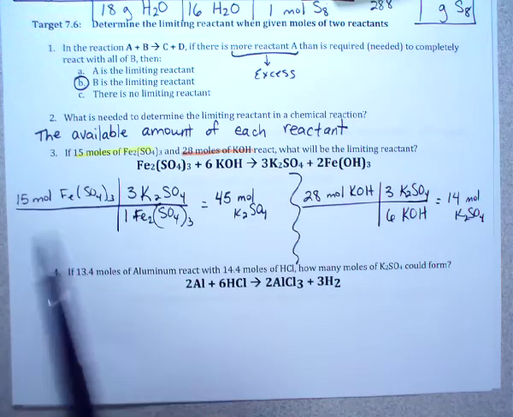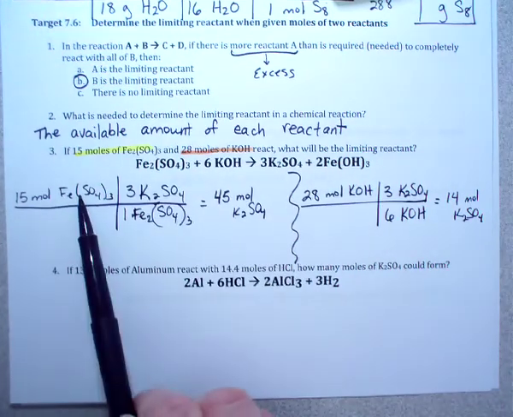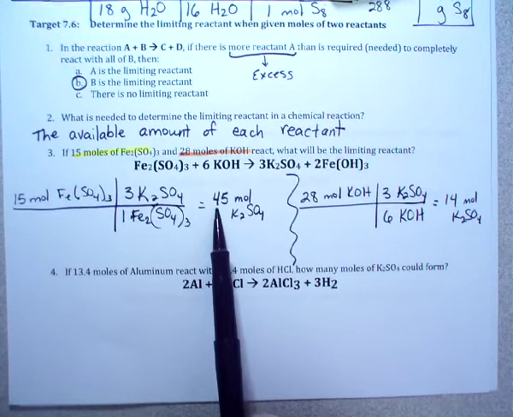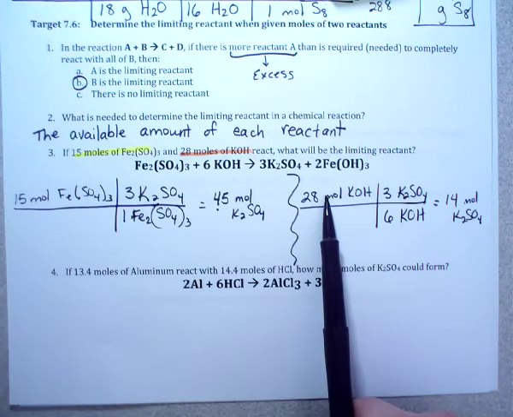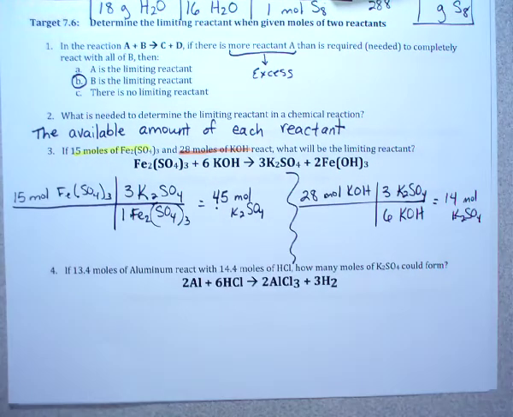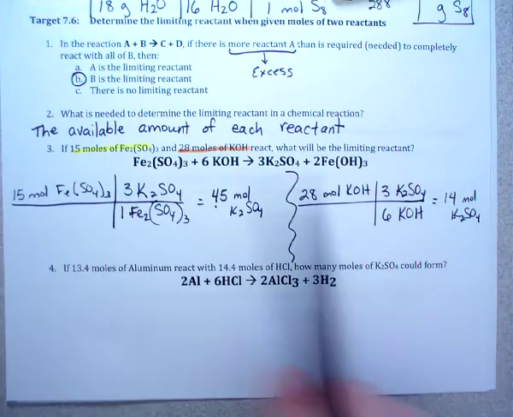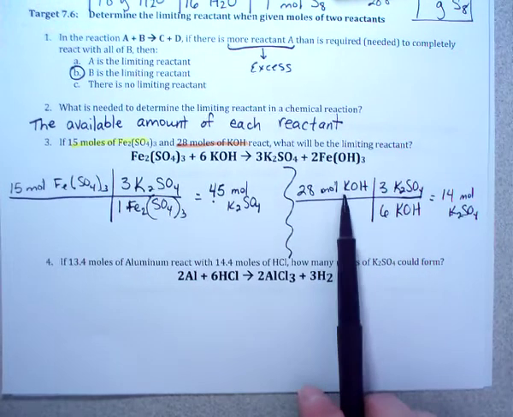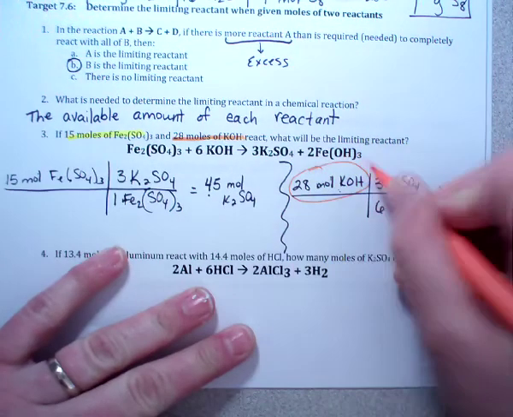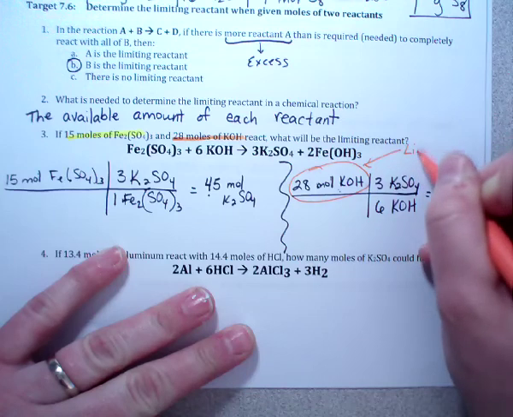So what this says is 15 moles of iron sulfate will produce 45 moles of potassium sulfate. 28 moles of potassium hydroxide will produce 14 moles of potassium sulfate. So of these two reactants, the potassium hydroxide is going to run out first. So if I'm asking you to identify the limiting reactant, we say that the KOH, that's my limiting.